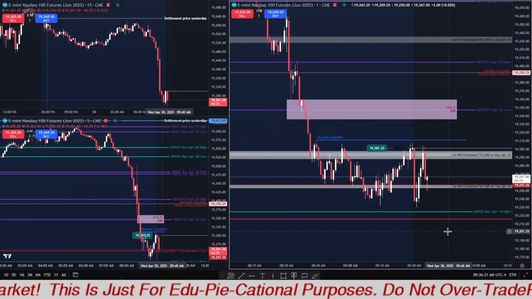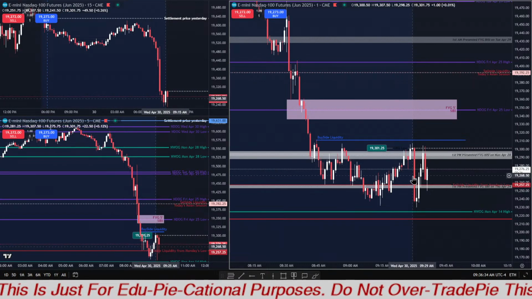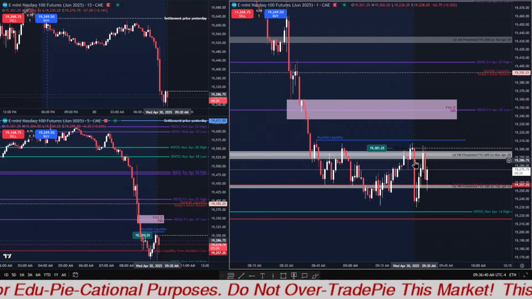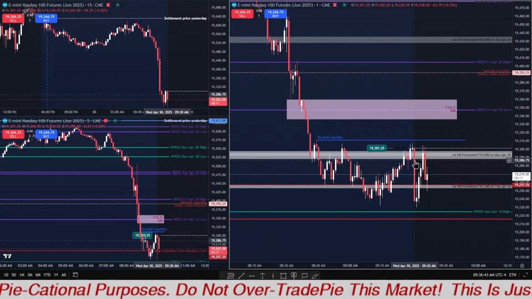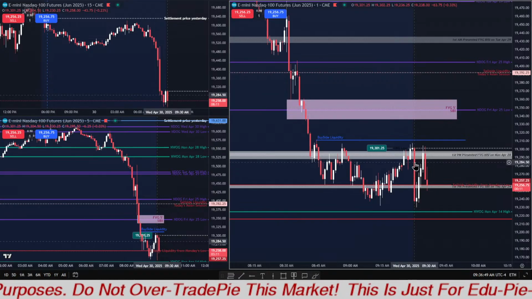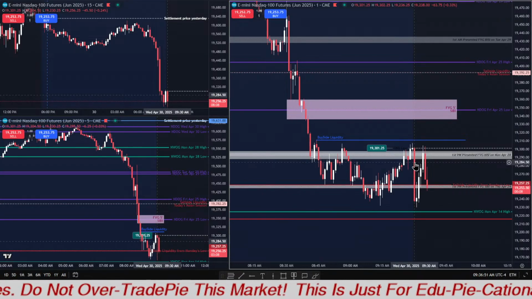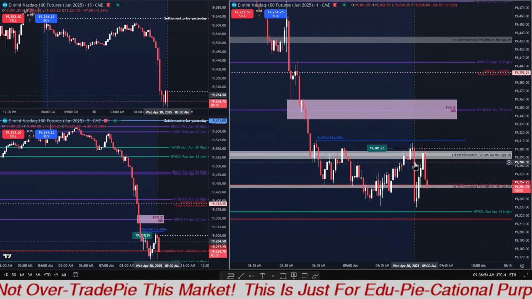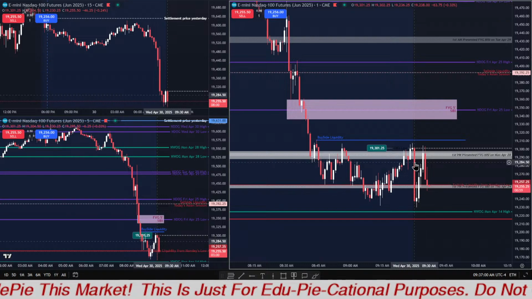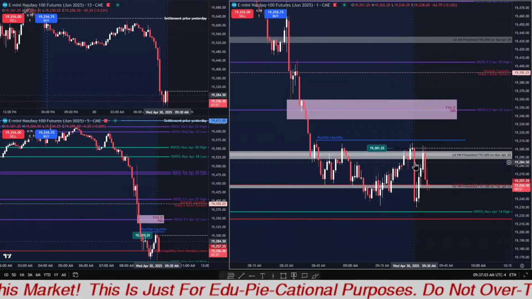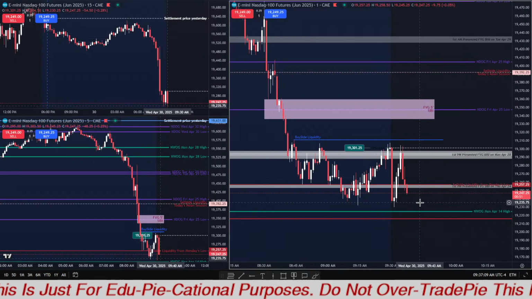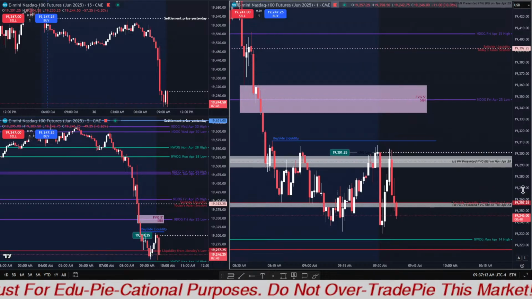The bodies of the candles right now are respecting this BC formed over here, but we cannot consider this fair value gap for our entry to go short or long. After 7 minutes of opening bell passed, still no first presented fair value gap.